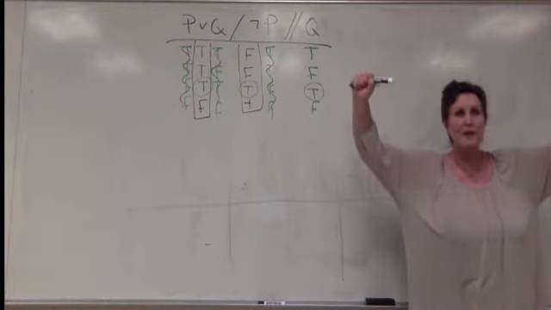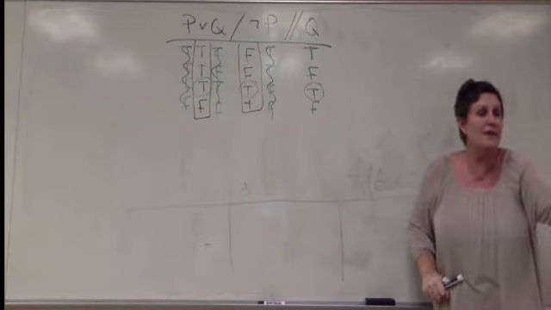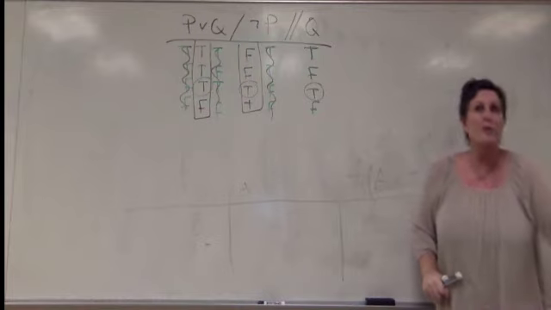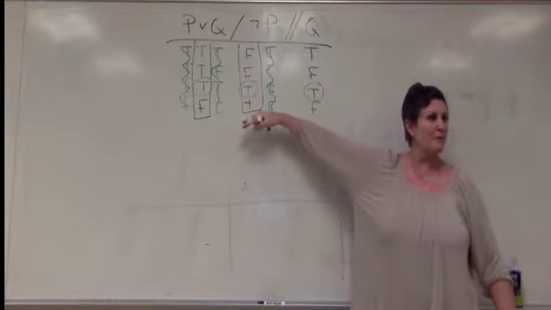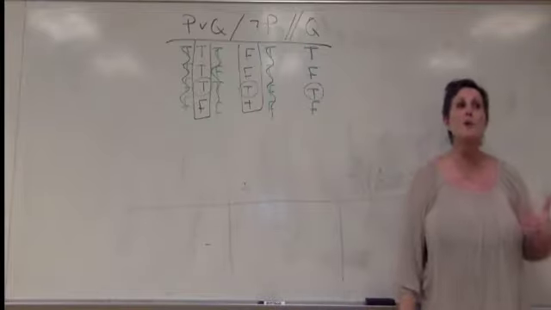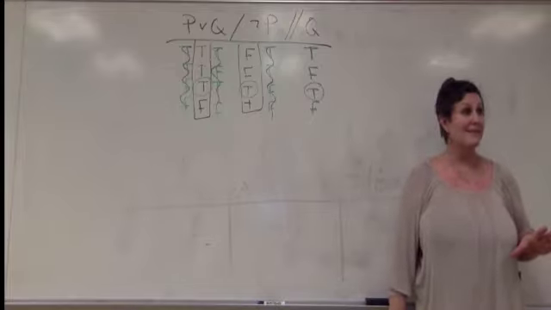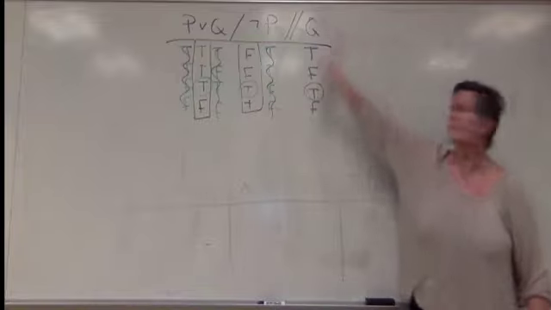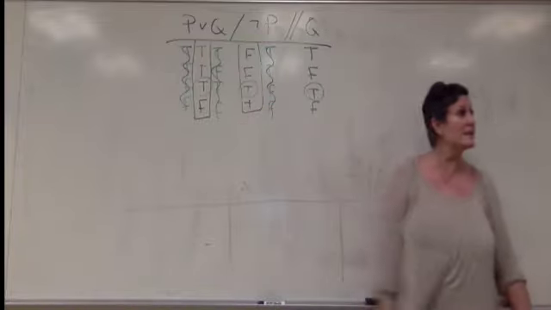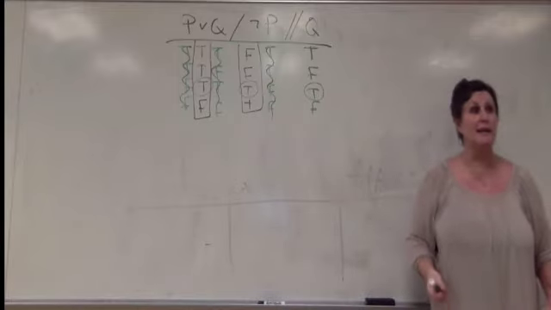Is it true or false that I have candy in one hand or the other? False. Right, and it's false that I have candy in the other hand, right? So what row? Row 4, this is the lying row. Is there a row, though, where the argument fails? No. So we will say that Q is a tautological consequence of the premises. We will say that the argument is valid.